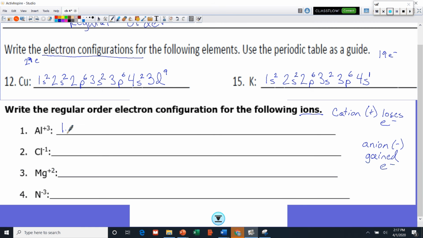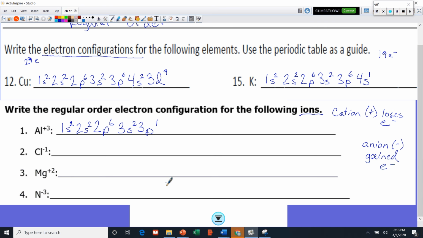So that means I have 1s, 2s, 2p, 3s, 3p. So all of these are going to be full. So that's 2, 2, 6, 2, and 1.